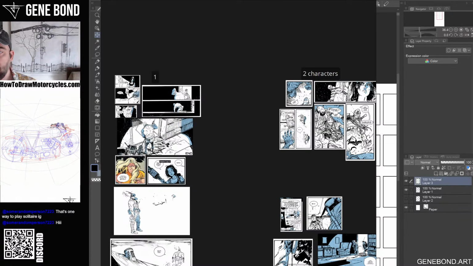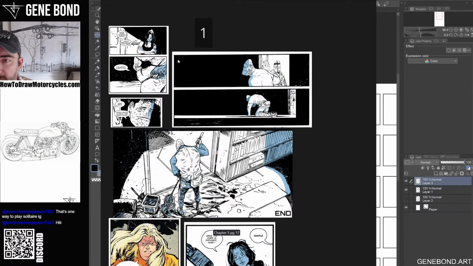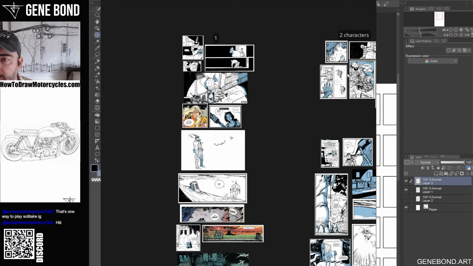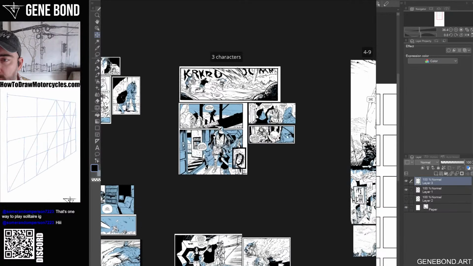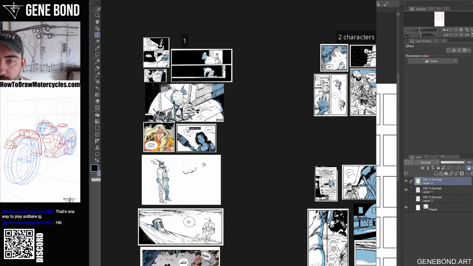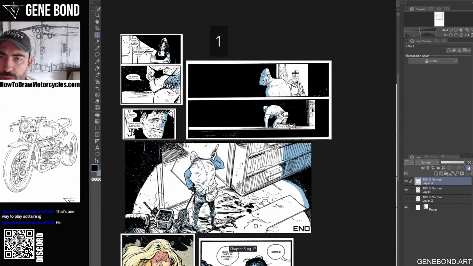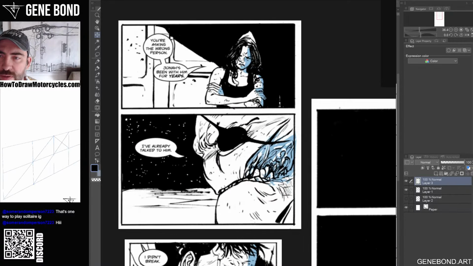I love the composition of Daniel Warren, from before he went kind of woke communist. Here, for example, we have one character, two characters, three characters, then 4 and 9. So look, it's just incredible. A very simple idea, but you will be surprised how much it gives you. So one character in the frame, right?